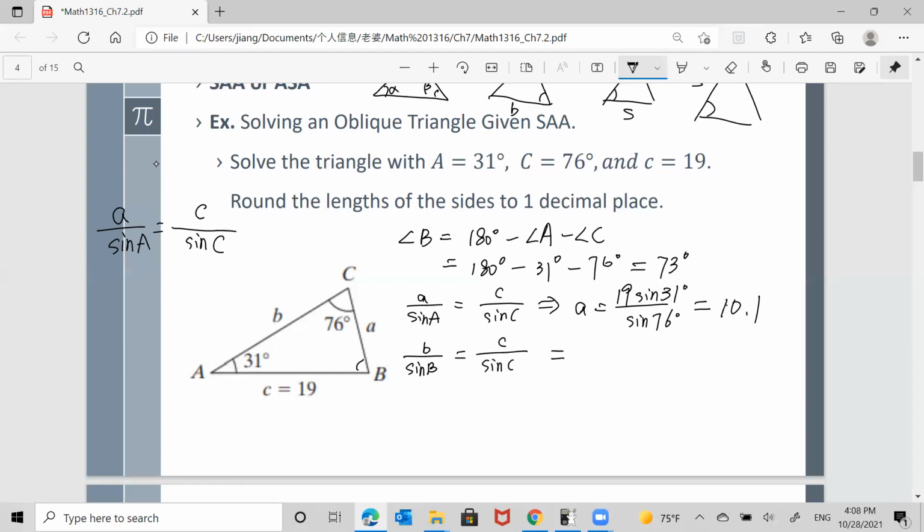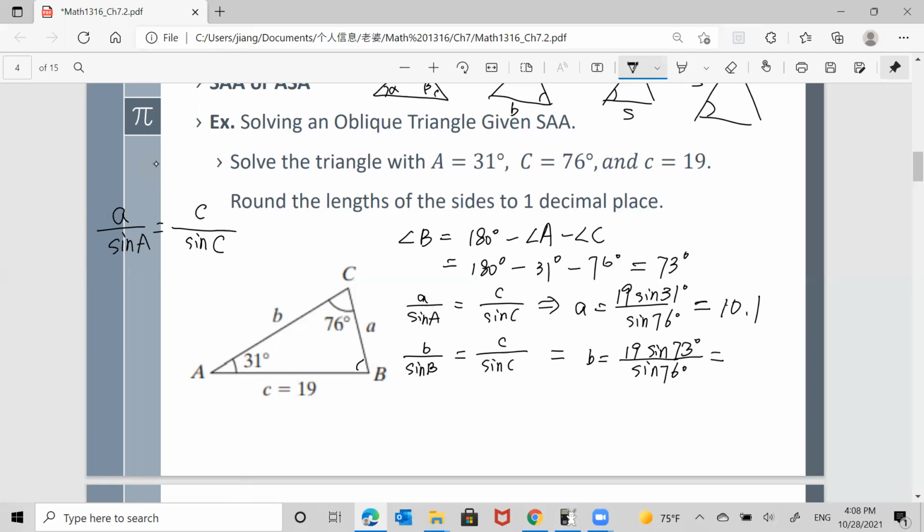We are looking for b. So b equals c times sine B over sine C. c is 19. Sine B is sine 73 degrees over sine 76 degrees.